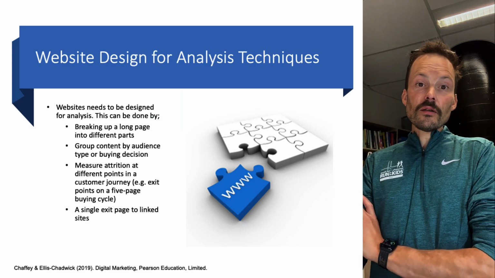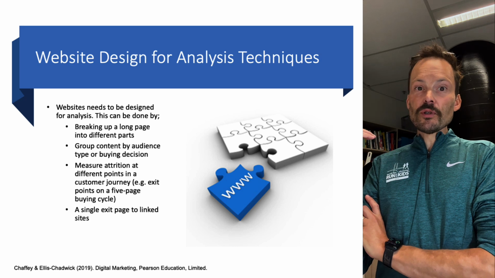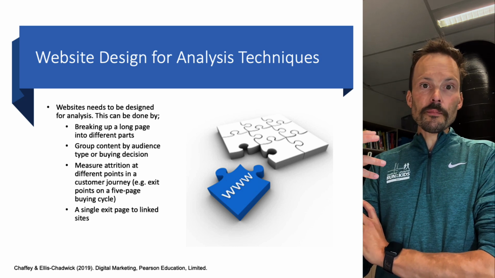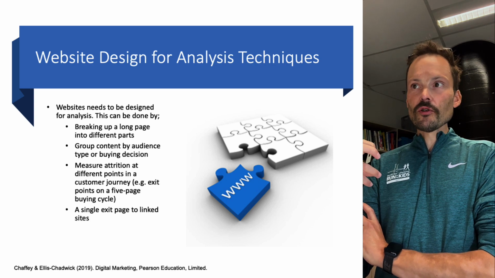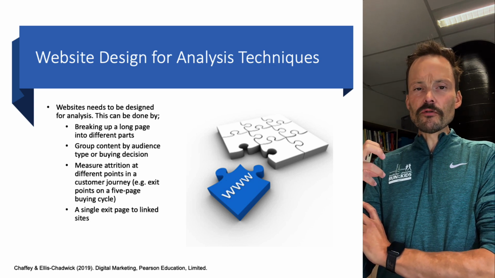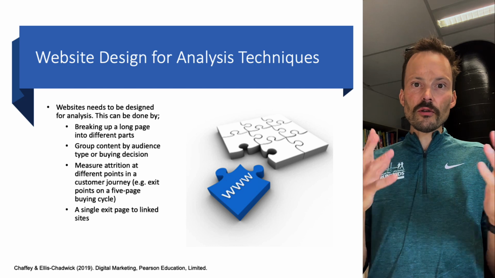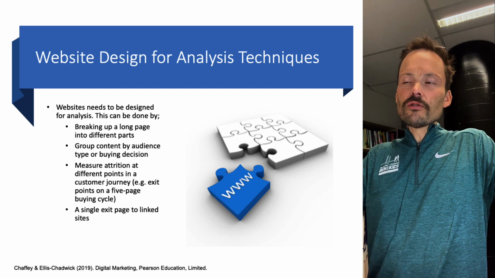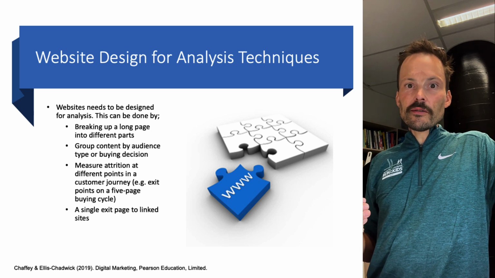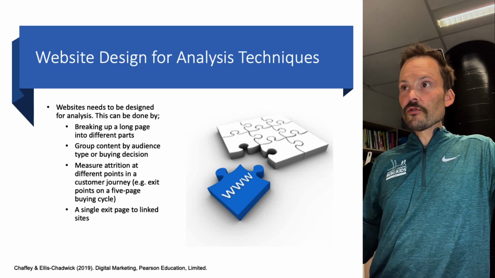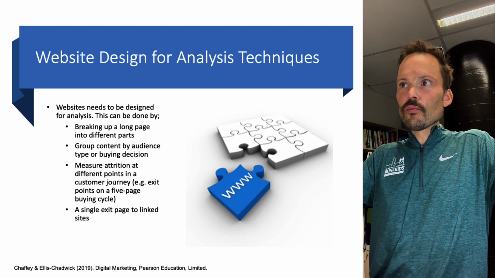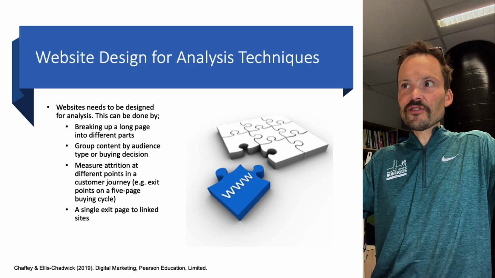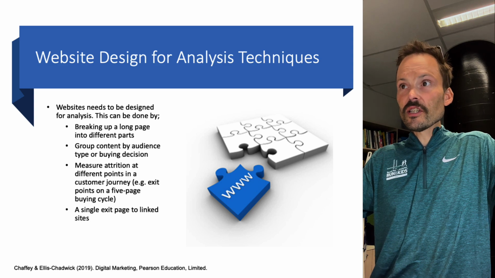When we build our websites, it's important that we design them not just for people and for usability, but also for Google's bots, as I also explained in the previous video. And we need to think strategically about where we place different types of content on our website, so that it is possible to analyze how useful that content is.